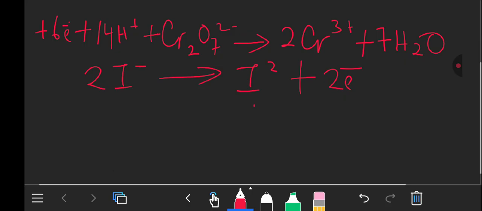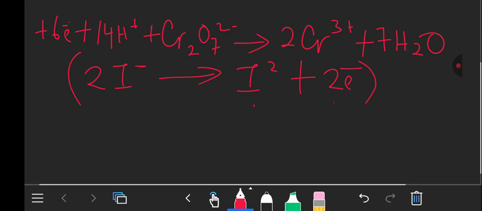Now this is very simple to finish up. So what you're just going to do is balance now the electrons. So how do you balance the electrons? Here is the tricky part. To balance the electrons, you simply interchange the magnitude of charge of the same electrons you added. In short, these two you swap.